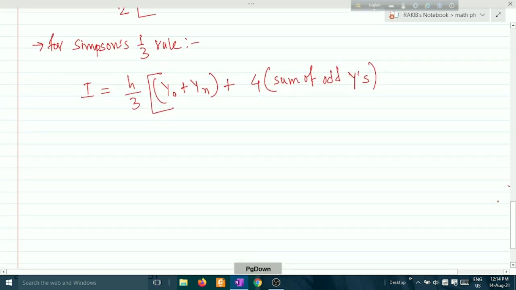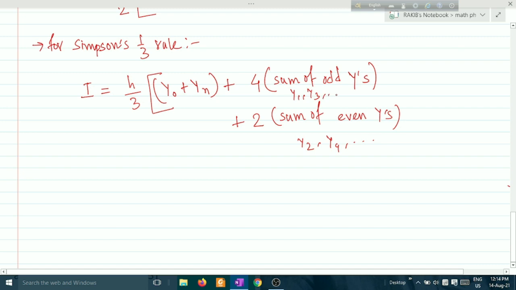The formula is completely given in the y format: 4 times the sum of odd y's plus 2 times the sum of even y's. This means y2, y4, y6 and so on, and odd y's means y1, y3 and so on. This is nothing but Simpson's 1/3 rule.